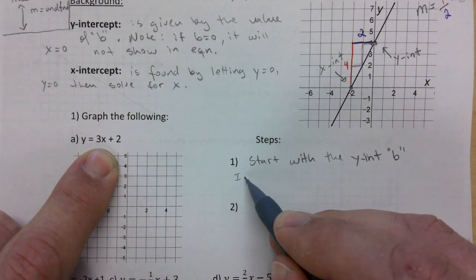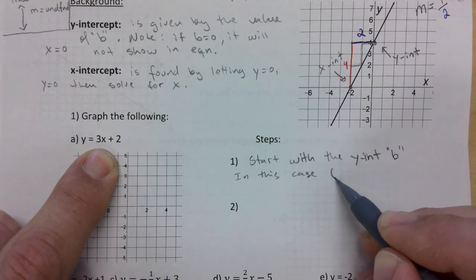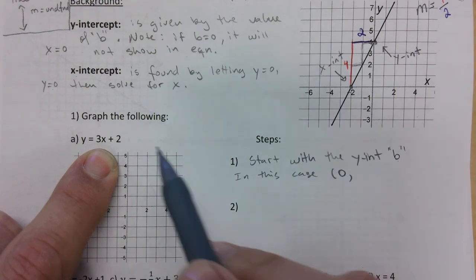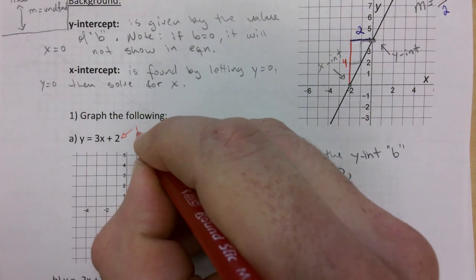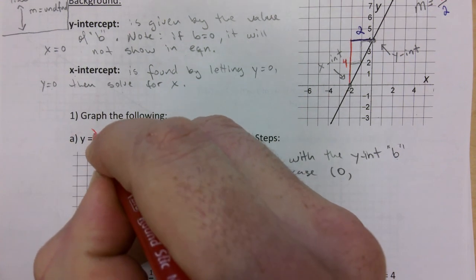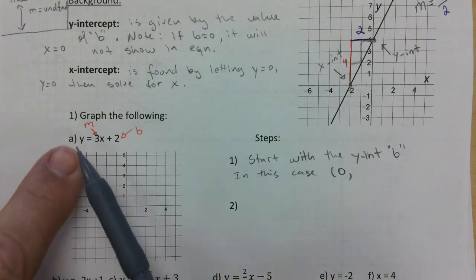In this case, it is 0, and what is b? Remember, this is b, and that is m right there, okay?